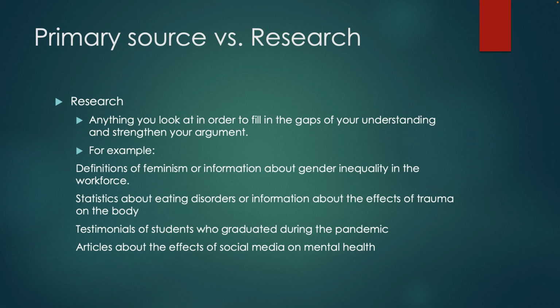So again, your primary sources are those articles in the reading folder, and your research is the additional stuff that you look up in order to fill in the gaps of your understanding and give a bit more evidence to your argument.